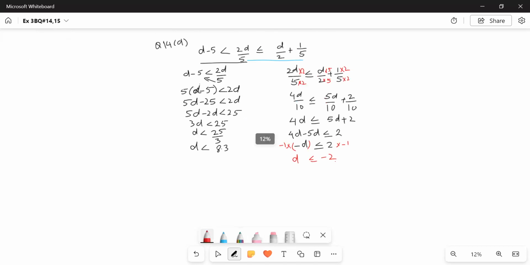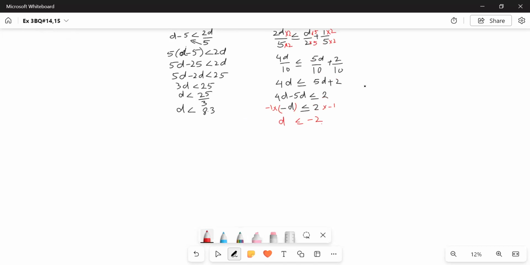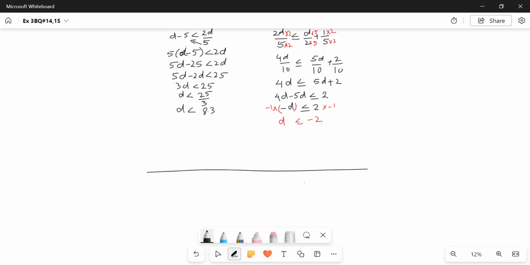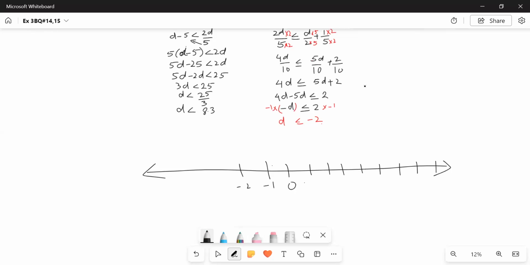Now if we draw this on a number line, this is 0 and 1, 2, 3, 4, 5, 6, 7, and 8. And on this side it will be minus 1, minus 2, minus 3.